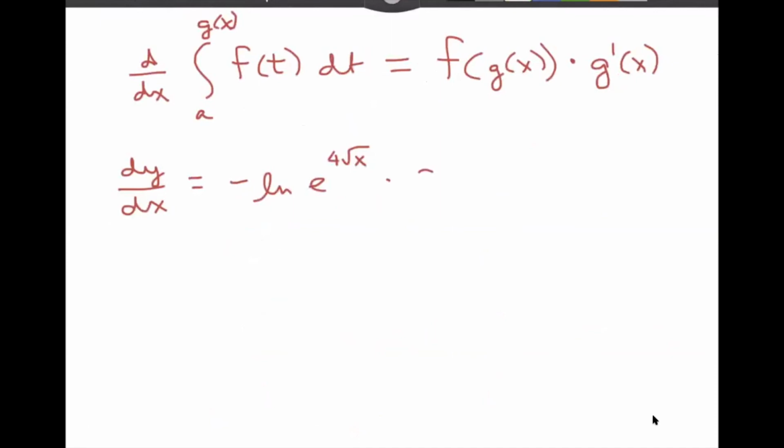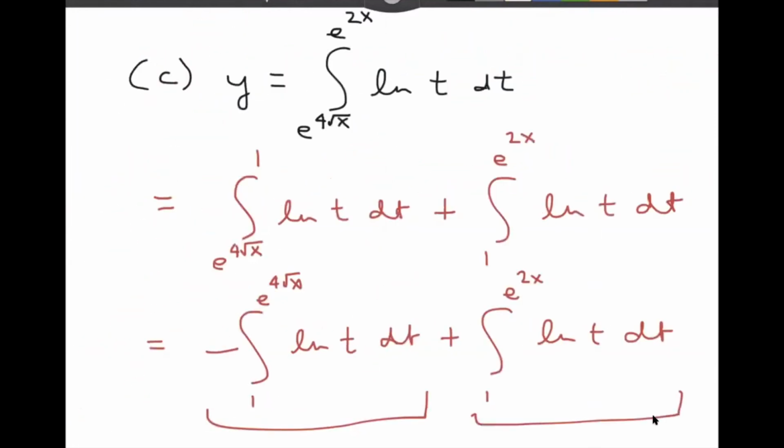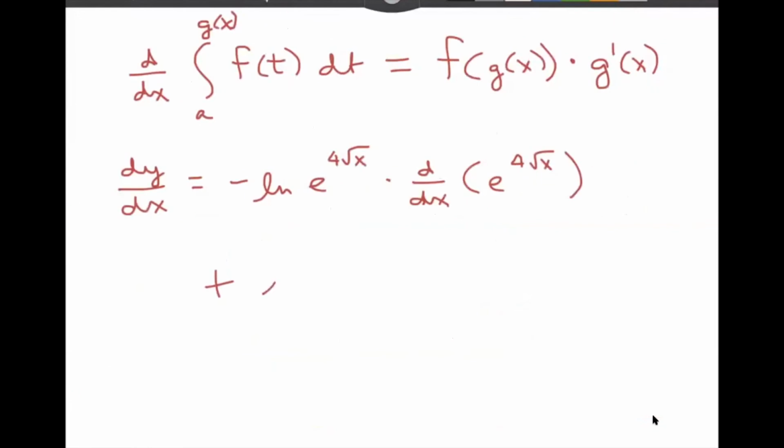Let's write that out. We'll deal with that in a minute. Now let's talk about the second term, this one right here. The derivative of that integral function would be the natural log of e to the 2x times the derivative of e to the 2x. Okay, it's a little confusing, I know.